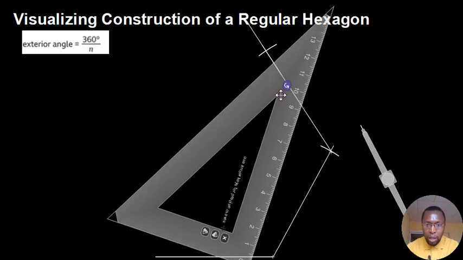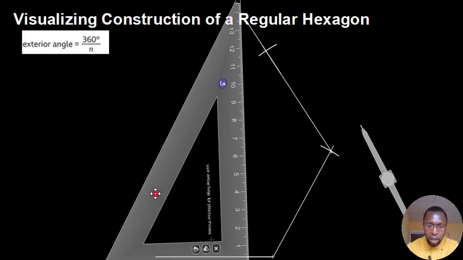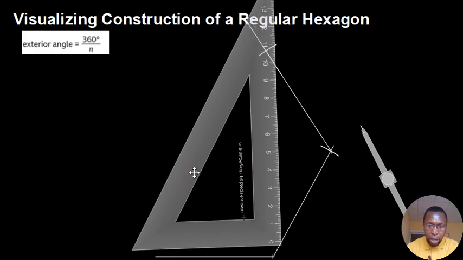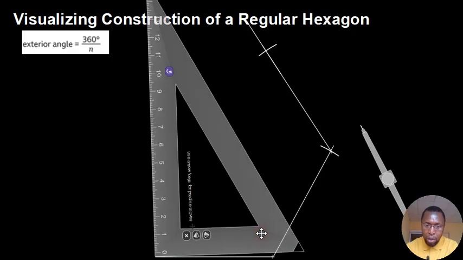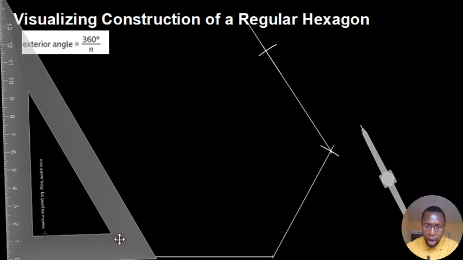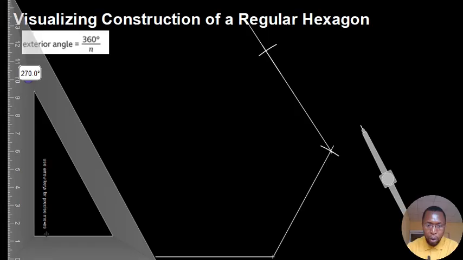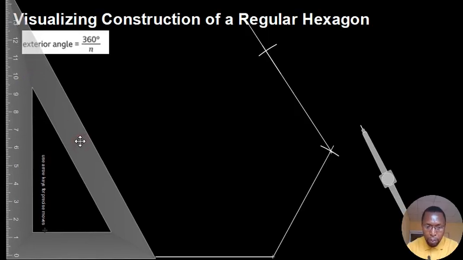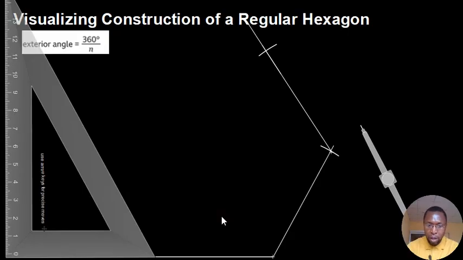And then I rotate it and bring it to this side. Now you could see that bringing it like this will be wrong because it's an external angle I'm dealing with. So I will have to flip it again to the other side. Aha. Because I'm dealing with an external angle. Then I'll rotate. So be mindful of the way you adjust your set square. So I will adjust it, then place it here. My interest is to get an external angle of 60 degree. Don't forget. Now this part is an external angle of 60 degree.